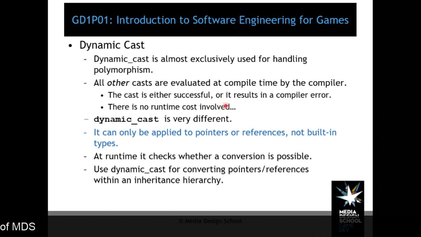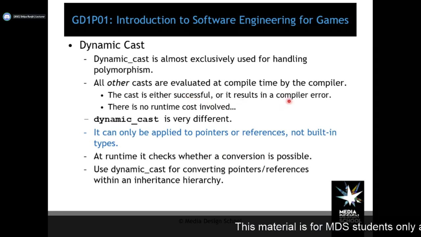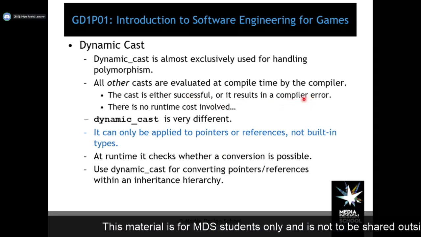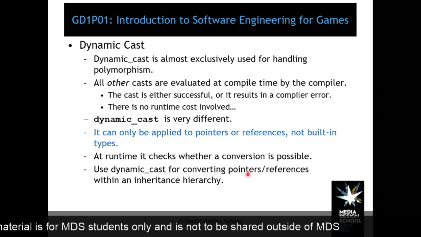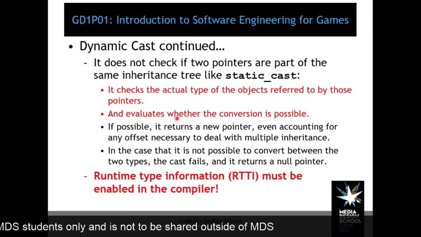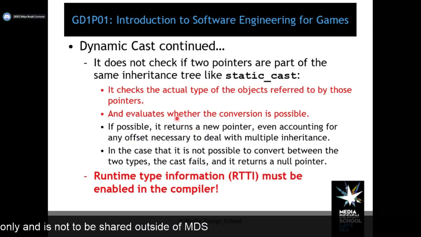In the case of dynamic cast, the cast is either successful if the conversion is possible, or it will give you a compiler error. So you will know whether the conversion is possible or not. Plus, another thing is dynamic cast does checking at runtime.